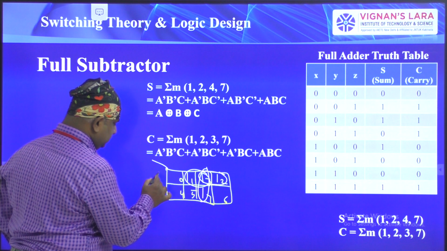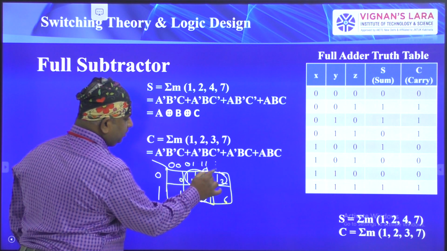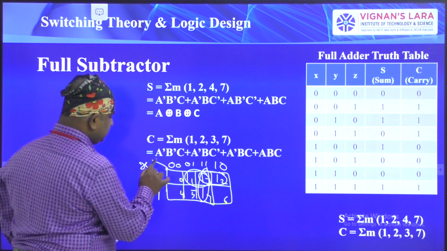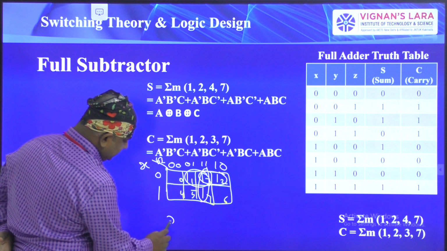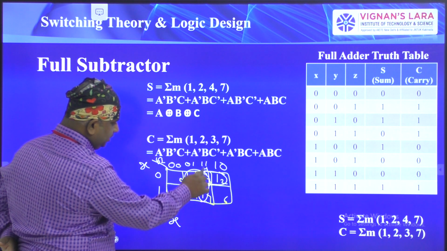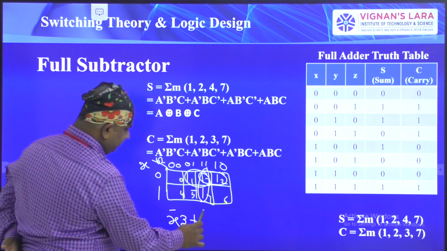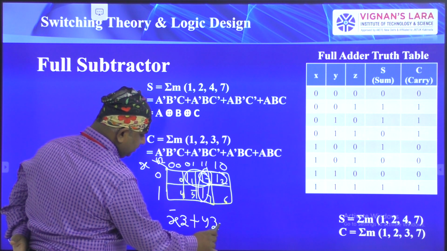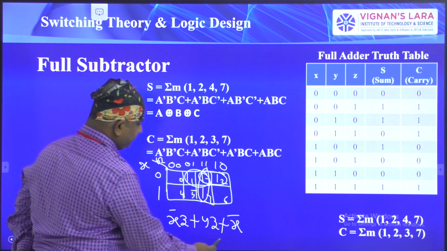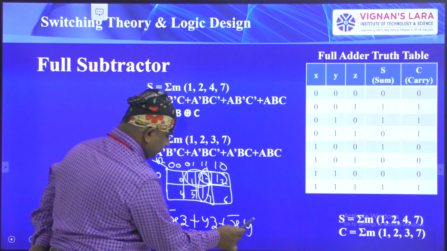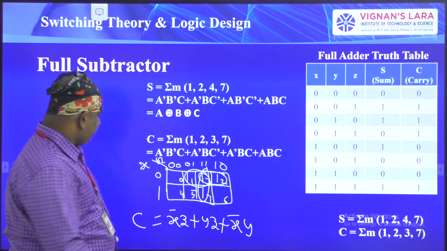Here X is one variable, and YZ the other, with values 00, 01, 11, 10. In this group, the common value is X bar Z, that is X bar Z, plus this straight line, that is YZ, plus from these two, X bar Y. So this is the simplified expression for borrow.